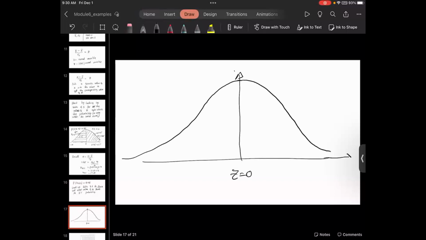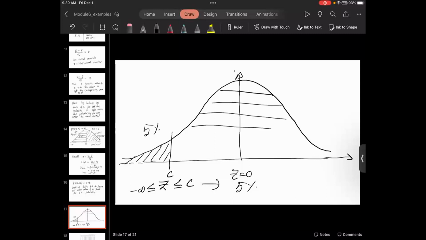So what they are asking is, what is the value of C that leads to just 5% area? So think about C being here and this area is 5%, which means everything to the right of it is 95%.